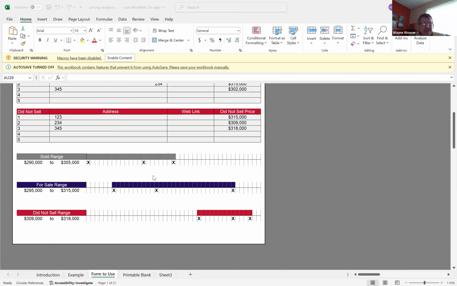What's for sale in the 300 range is one at 295, but then there's one at 315. So I'm in this middle range. And Mr. and Mrs. Seller, you want to list up here in this red.